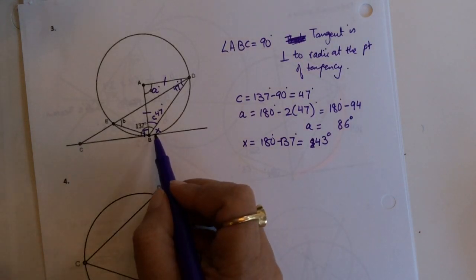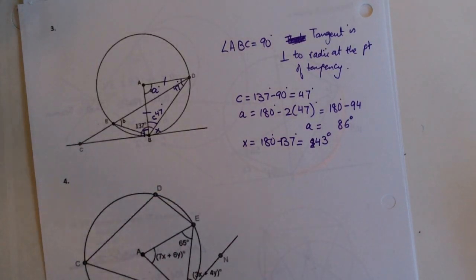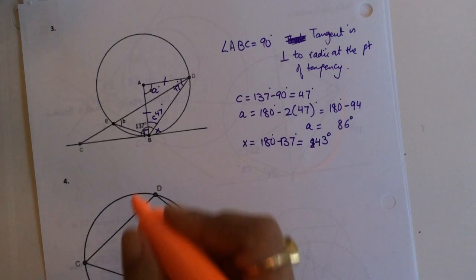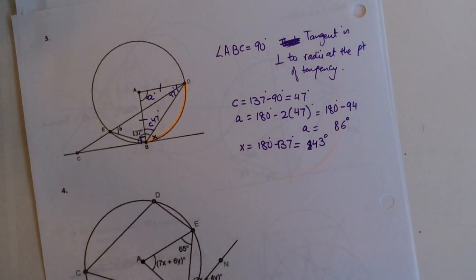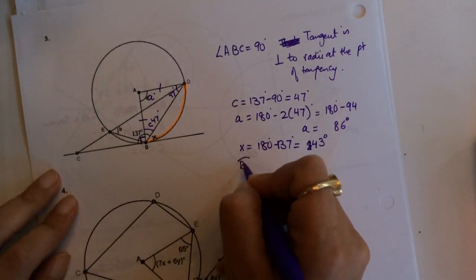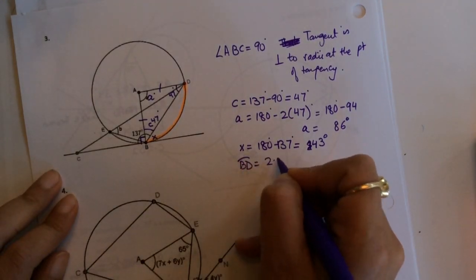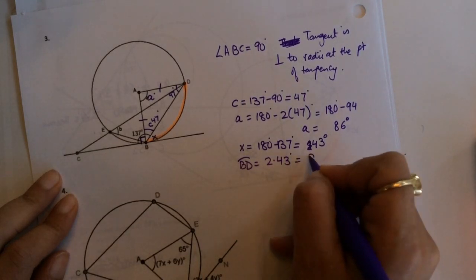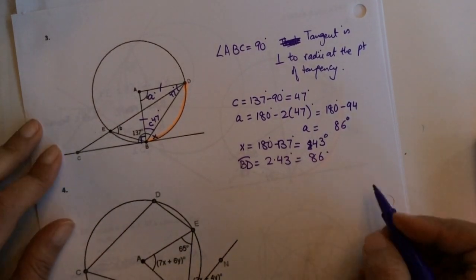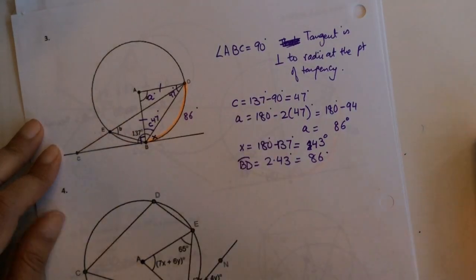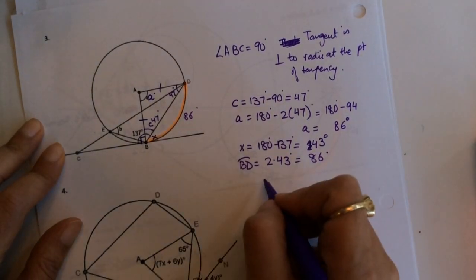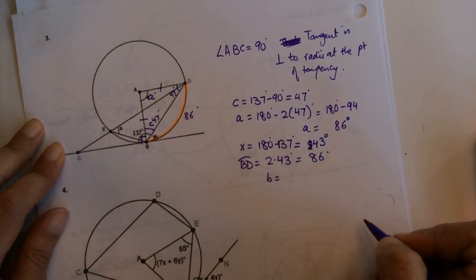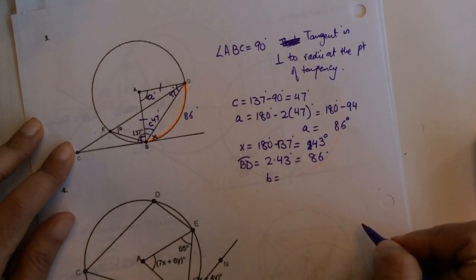So if X is 43 degrees, then the tangent secant theorem tells me that this arc BD is going to be twice of that. So arc BD is going to be 2 times 43 degrees, so that is 86 degrees. So if that arc is 86 degrees, I know that B is an inscribed angle for the same arc.